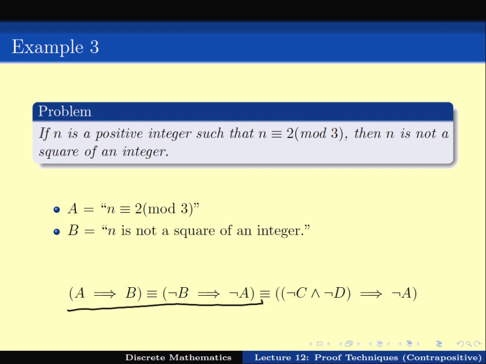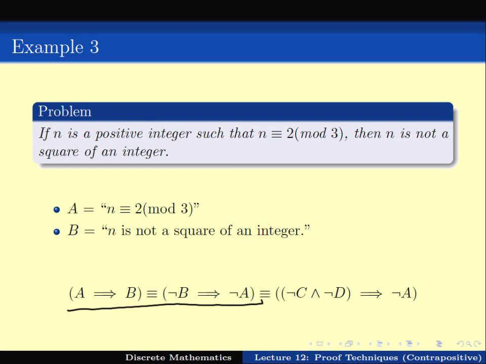So in other words, n is the square of an integer implies not A. Not A means n is not congruent to 2 mod 3. If n is not congruent to 2 mod 3, what is it congruent to? The other two, namely 0 and 1. So in that case, we have to prove that it is congruent to 0 mod 3 or 1 mod 3.